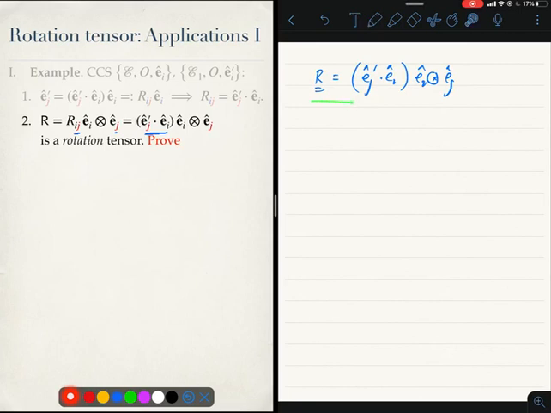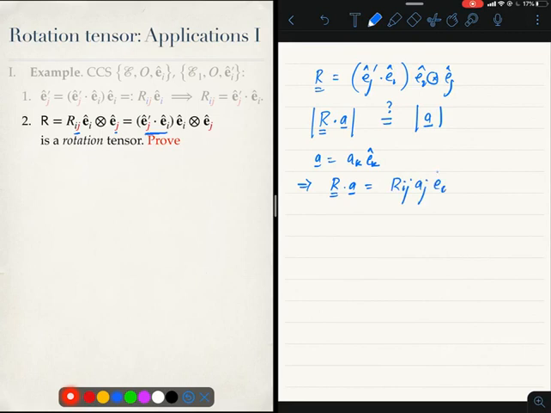Back to our proof. How do I prove something is an orthogonal tensor? I take any vector A, operate R dot A, and ask whether this preserves the length of A. Let A be AK EK, then R dot A is Rij Aj Ei. I've skipped a few steps here which you can fill in.